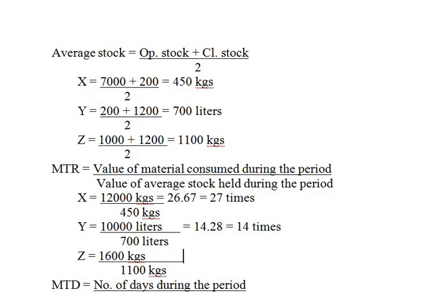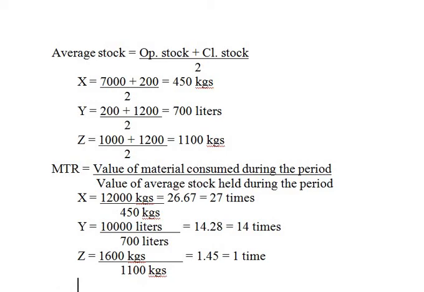Okay, so which will be equal to 1.45 times, or this can be rounded up to 1 time. Okay, yes. Now conclusion we need to write. Now just check which is fast moving. So material X is fast moving compared to material Y and Z. Okay, conclusion.